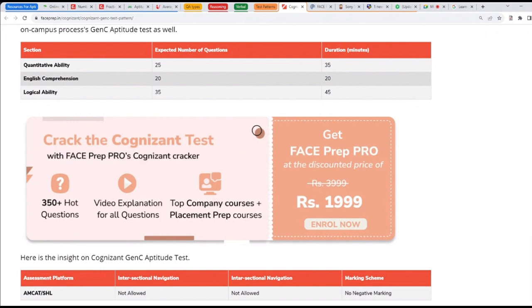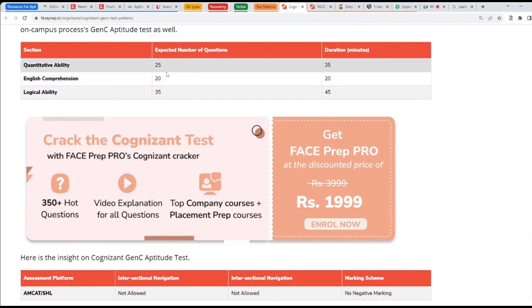This logical ability consists of both abstract and logical reasoning. Okay, these were the number of questions and the duration.